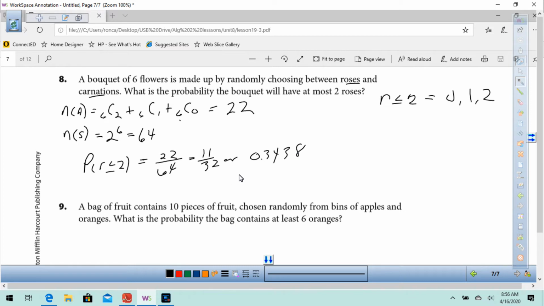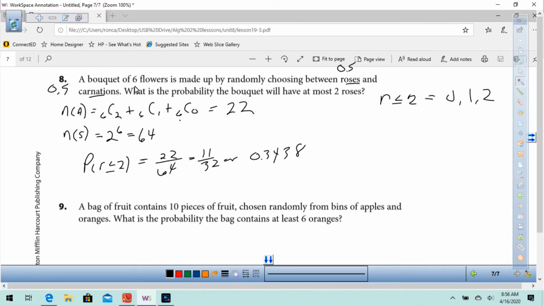Now, let me show you a slightly different way to do this one. Since you have 2 choices, roses or carnations, there's a 0.5 chance of roses or a 0.5 chance of carnations.